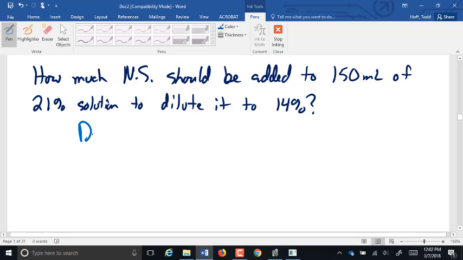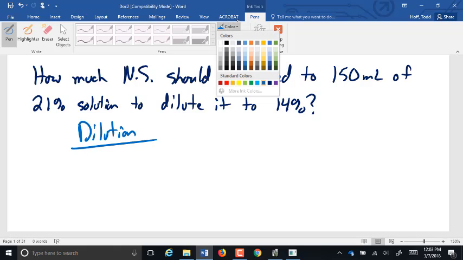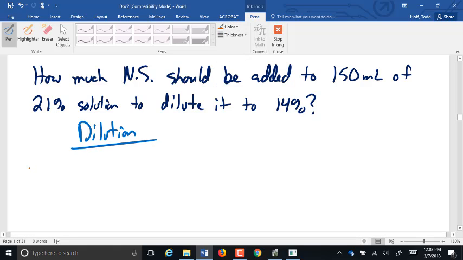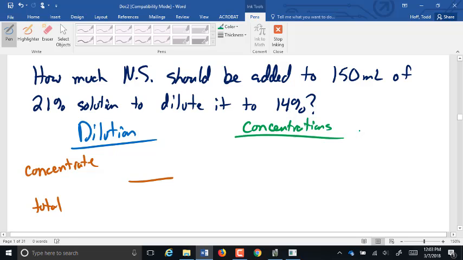So again, the dilution we create here, we don't have the volumes anymore. We're looking for the volume. The volume is going to be the parts of concentrate compared to the total parts. We don't have that. We have the concentrations. So we're going to have the diluted concentration over the concentrated concentration.